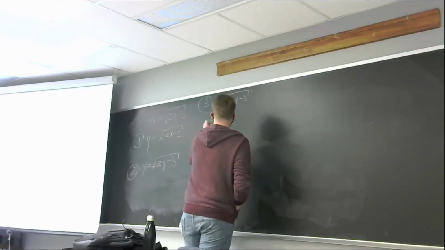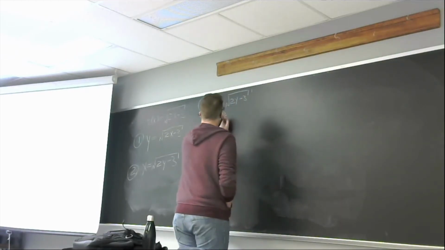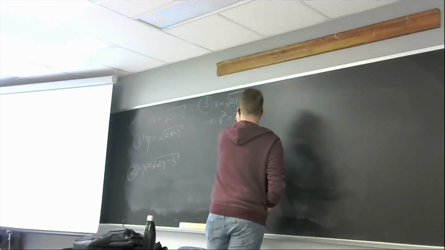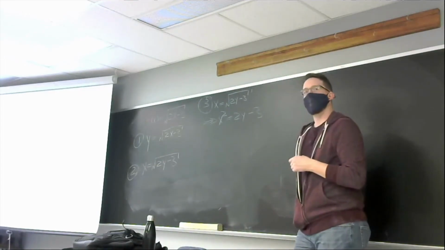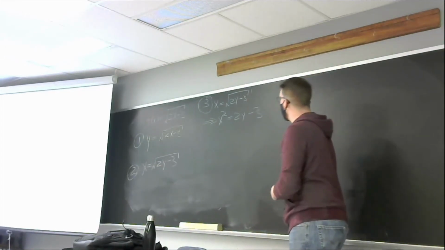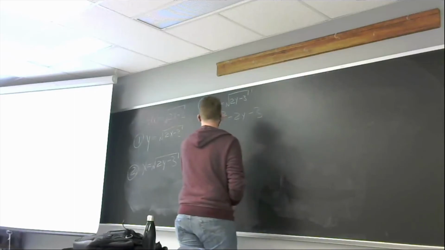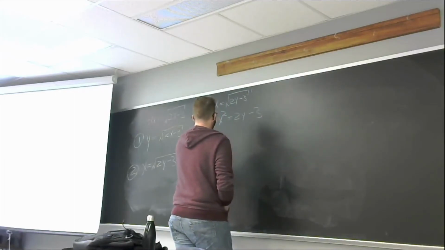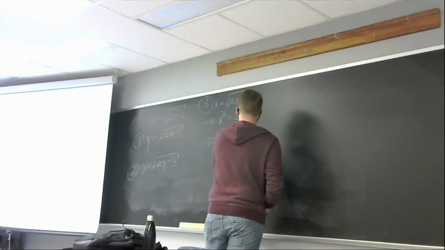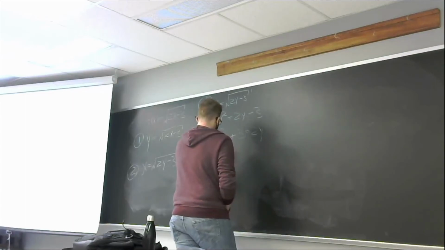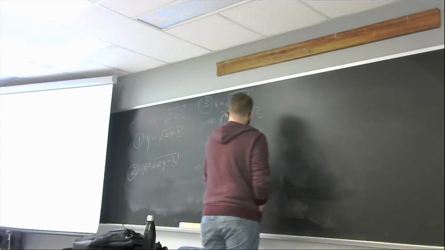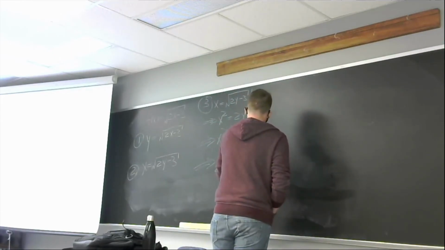This implies x squared is equal to 2y minus 3. Which then implies x squared plus 3 is equal to 2y. And 1/2 the quantity x squared plus 3 is equal to y.